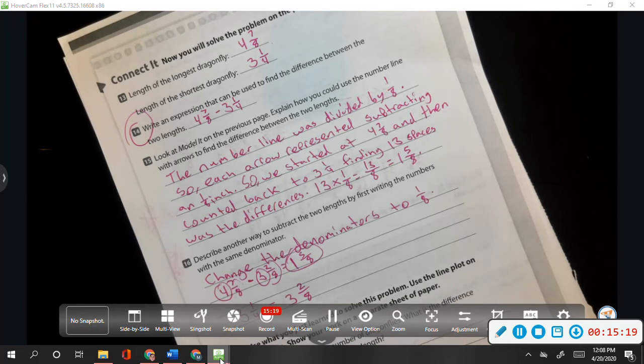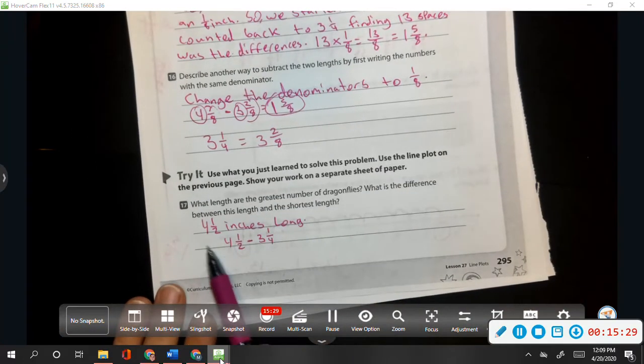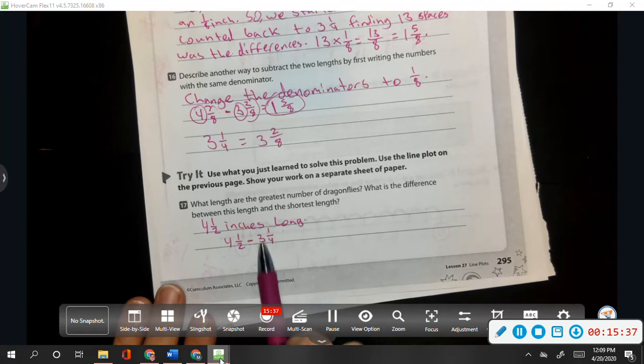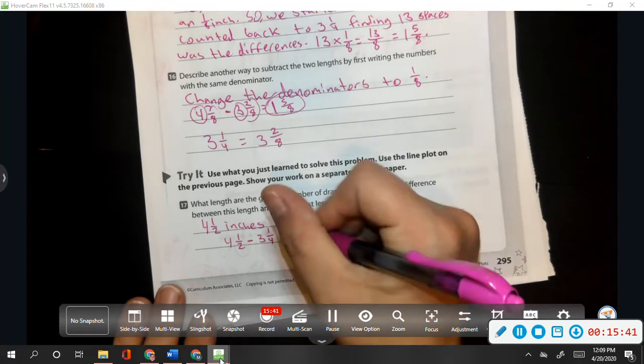So we took the most common measurement of dragonflies, meaning there were more dragonflies at 4 1/2 inches long than any other measurement. And then we took the shortest length, which was 3 1/4, and we're just going to find the difference.